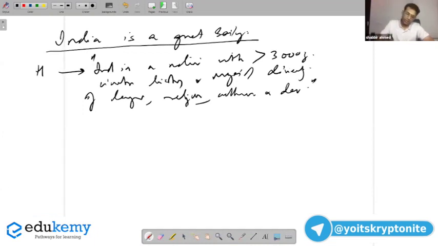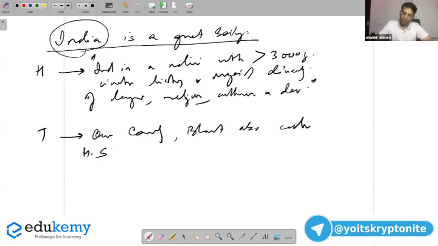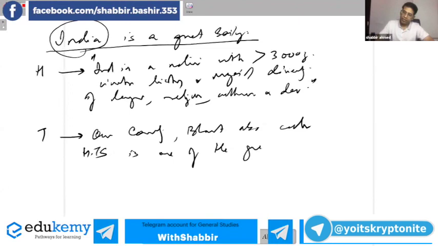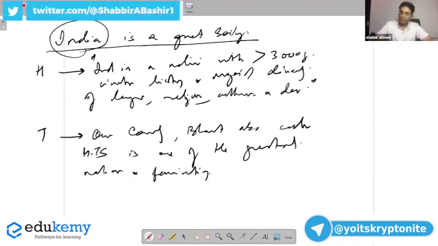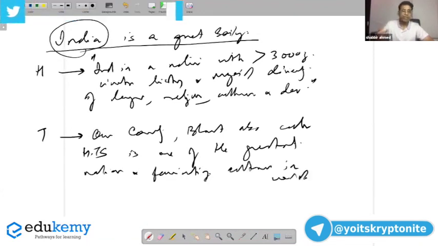This is my hook. Thesis: India is a great society. Our country, Bharat, also called Hindustan, is one of the greatest nations, one of the most fascinating cultures in the world. ये मेरा thesis बन गया.